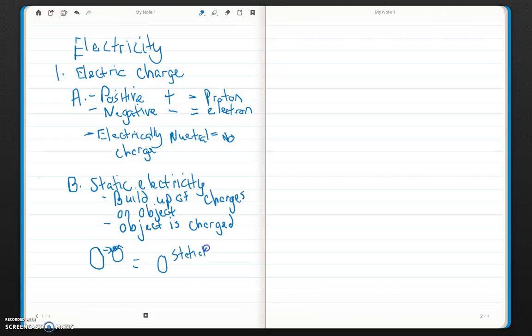We can use that word, it's not a real word, but staticky. That means that there was some sort of electron, excuse me, that was moved to the balloon, and now this balloon has lots of negative charges.